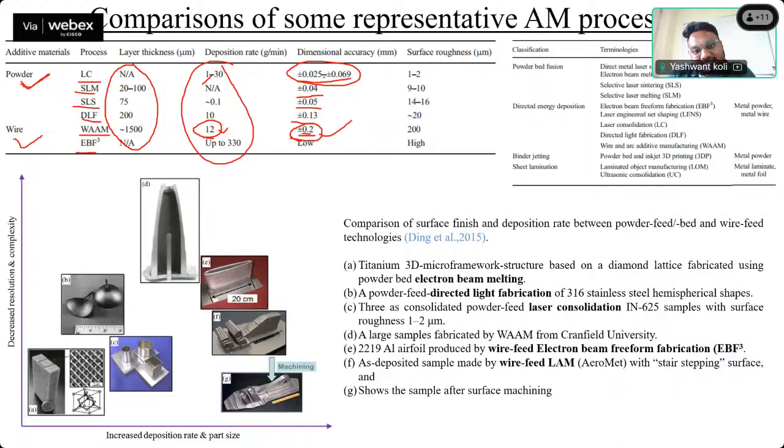Like we don't need extra subtractive manufacturing with laser, but laser processing is also a costly process, because the powders are costly as compared to wires, which we will discuss in the later slides. You can see here the dimensional accuracy is much better as compared to VAM.